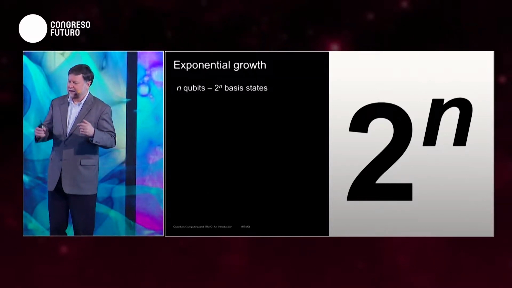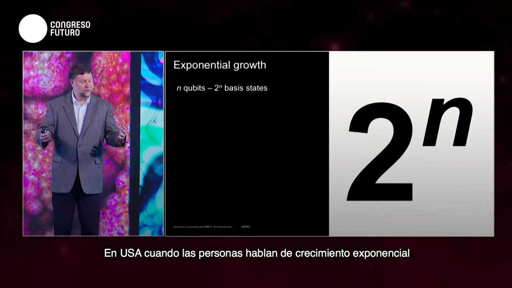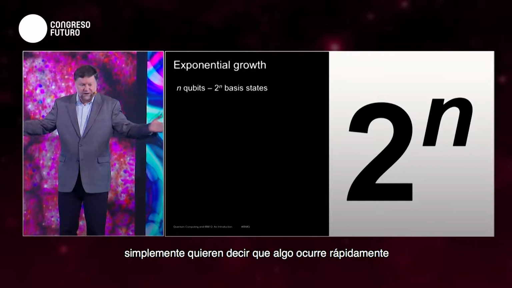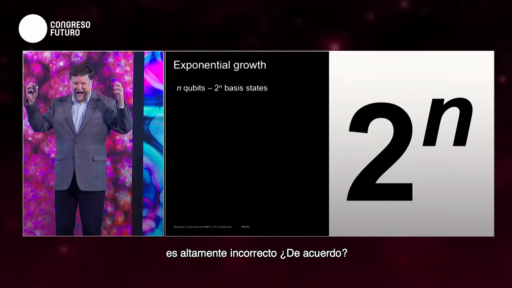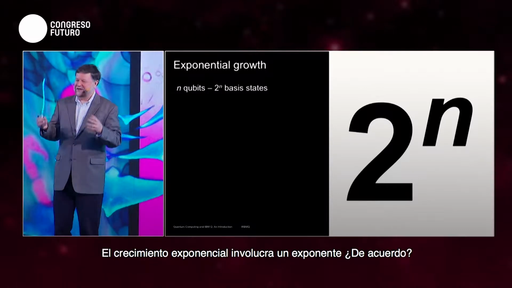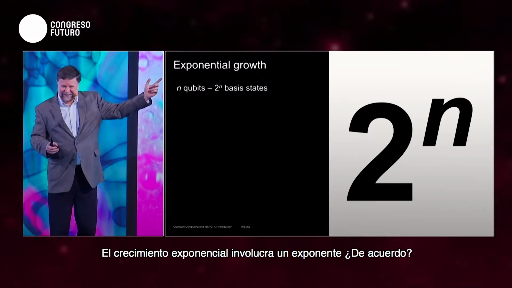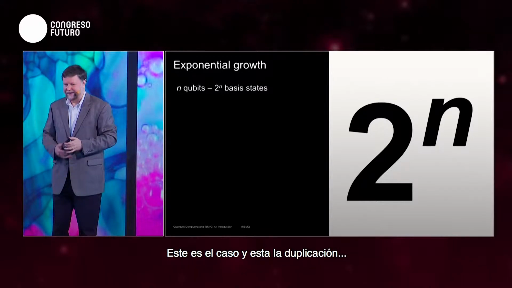Now, at least in English, in the US, I will tell you that when people talk about exponential growth, they just mean really fast. It's highly inaccurate, okay? Exponential growth involves an exponent, all right? And this is the case, and this is the doubling.